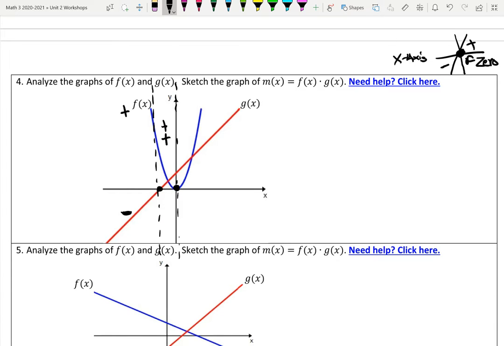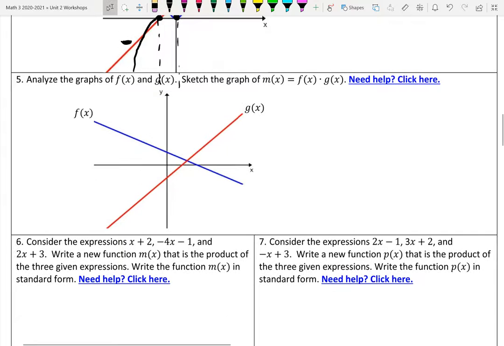So it's going to be a positive times a positive, resulting in a positive part. Over here, it is going to be a positive times a positive. So it's going to be positive over here. So you can get the idea that it's going to go from a negative number up to a 0. It's going to go positive. Going to go back to 0, and it's going to go positive again.